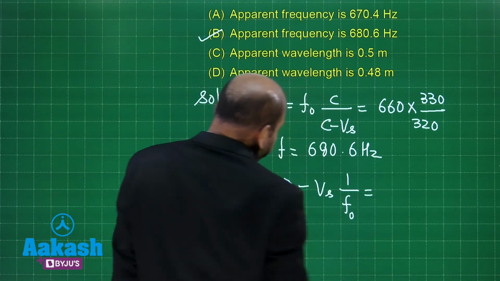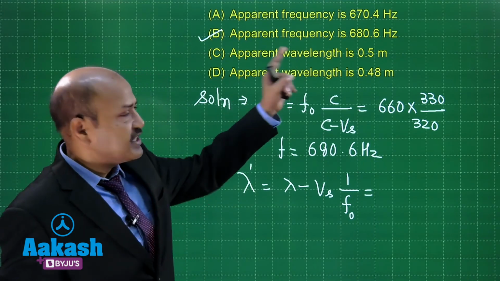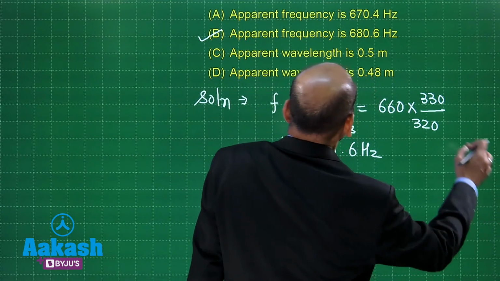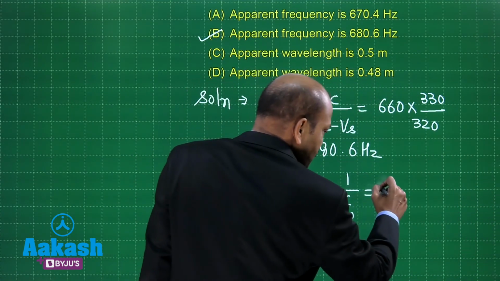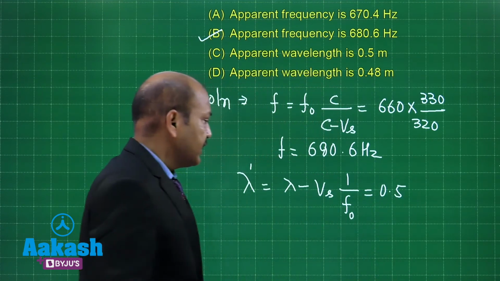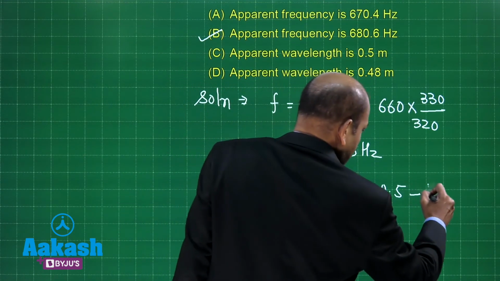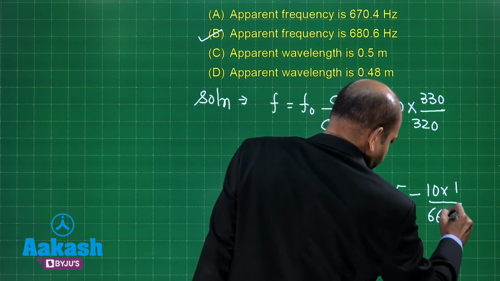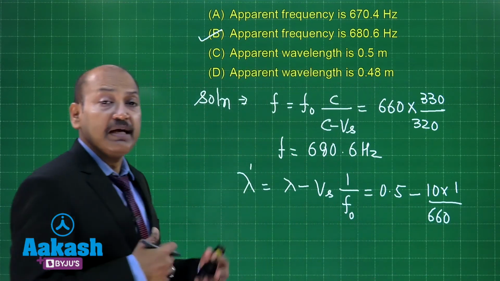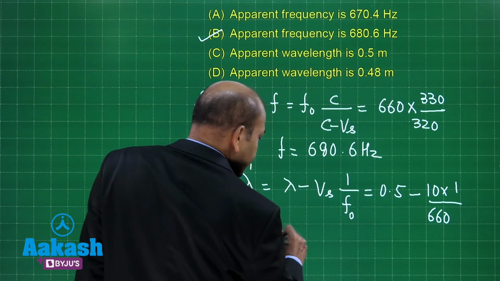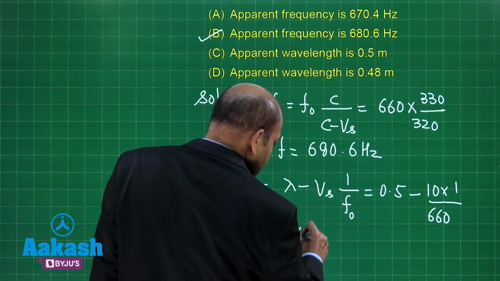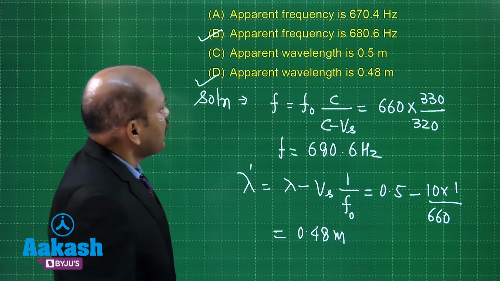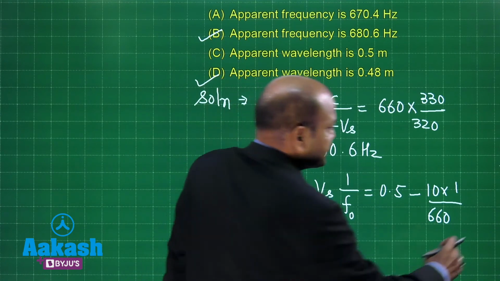What is the value of lambda? The value of lambda is speed of sound 330 meter per second divided by the frequency, which is 660. So, lambda is 0.5 meter, minus 10 into 1 by 660 meter, that is going to be lambda dash, and on solving it is slightly less than 0.5 meter. In fact, this is equal to 0.48 meter. So, which means that option D is also correct, option C is incorrect. So, this particular question is solved.